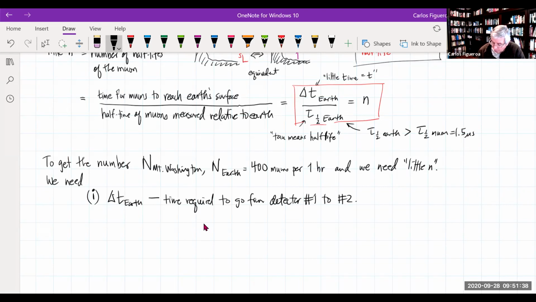In the Earth frame, of course. And the other thing that we need is the half-life.